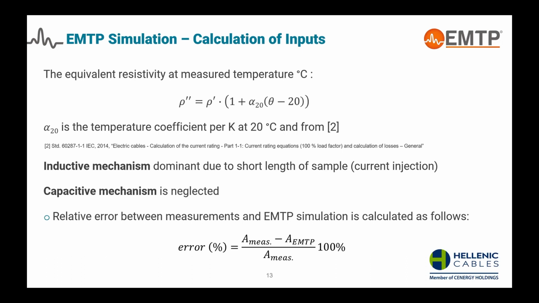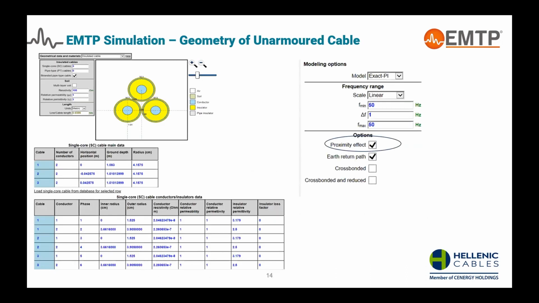From the following equation, we can derive a relative error between the measurements and the EMTP simulation. And then here you can see the line cable data of version 4.2, typical for underground cable trefoil touch information.